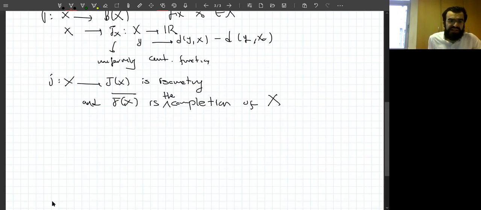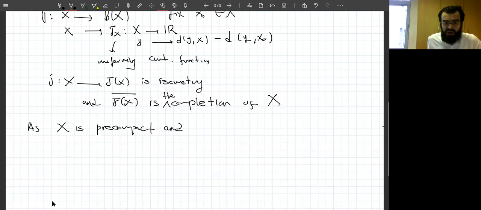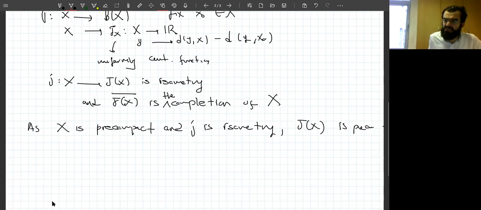Now, as X is precompact, and our G map is an isometry, this set G(X) is precompact. Sorry. Precompact.